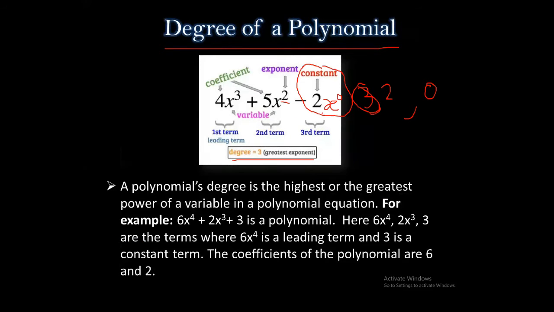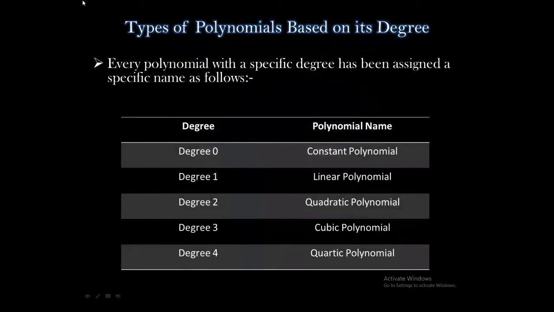It has a variable, but it has 0 power, so that's basically called a constant polynomial. If we have degree 1, it's called a linear polynomial. In the next video, I'm going to say why it is called a linear polynomial. And if we have degree 2, it's called a quadratic polynomial, with degree 3, cubic polynomial, with degree 4, quartic polynomial.